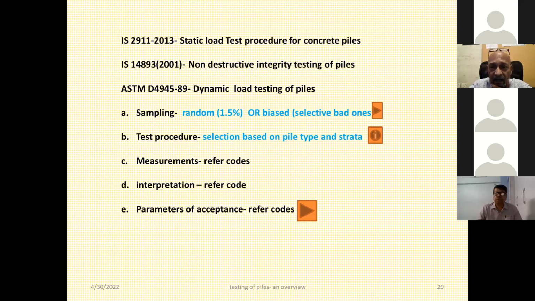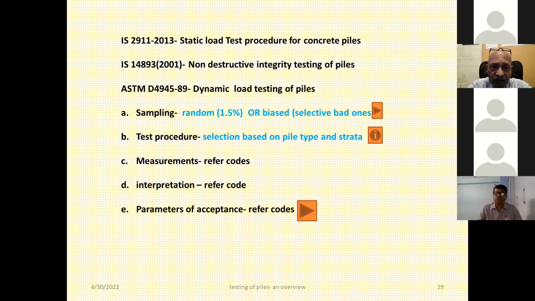There are codes available for that. IS 2911 is for static load test procedure. All three procedures are given. The parameters are given. IS 14893 is non-destructive integrity testing of pile, which is very commonly called integrity testing.